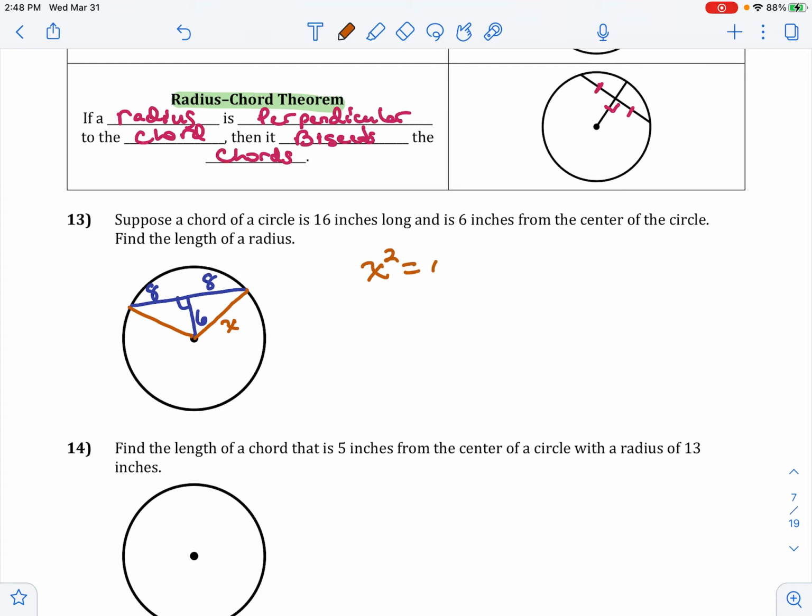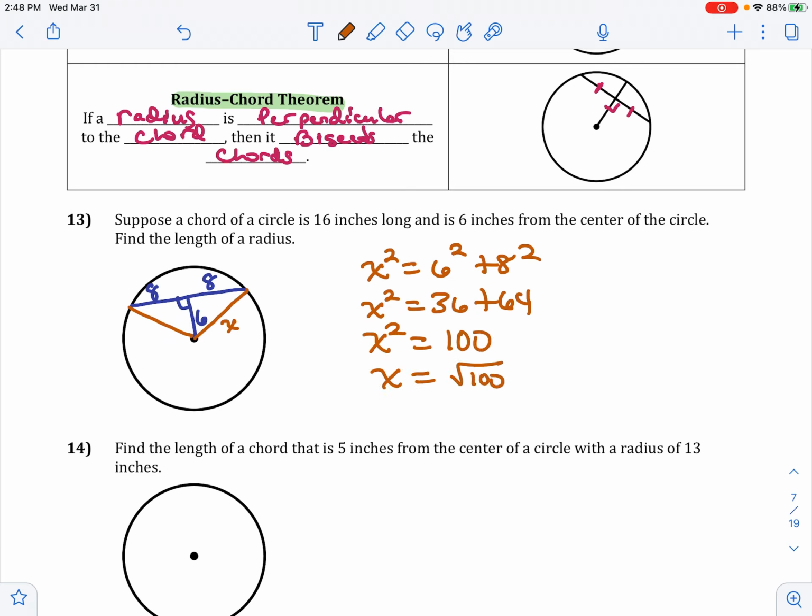So x squared equals 6 squared plus 8 squared, or x squared equals 36 plus 64. x squared equals 100, and x is the square root of 100, or 10. And so our radius is 10 inches long.